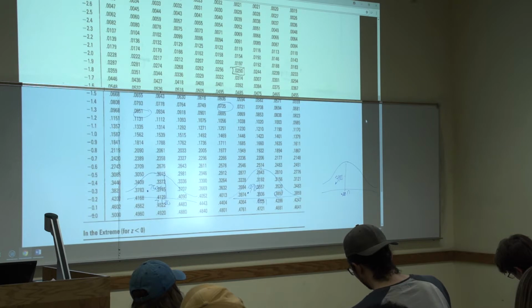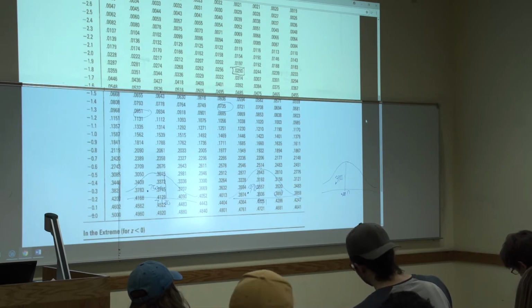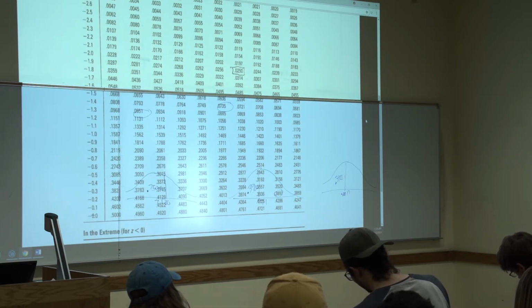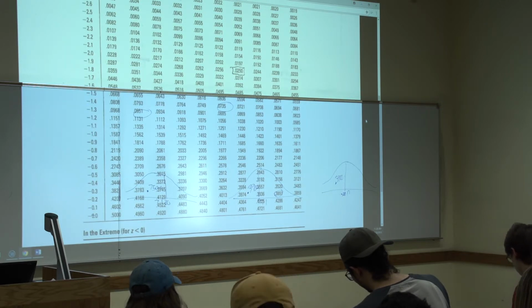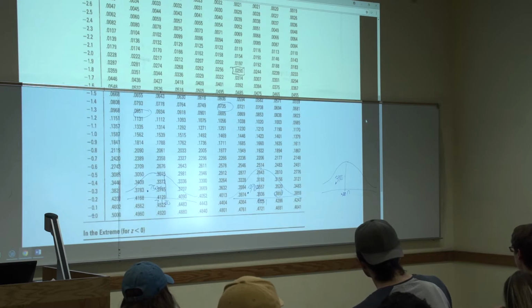And to go from an x value to a z-score, you take x minus the mean divided by the standard deviation, right?